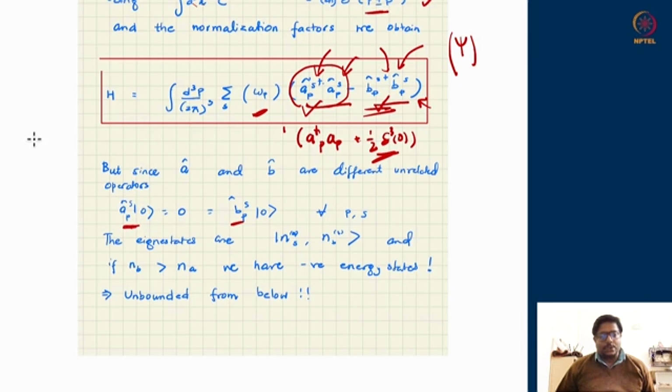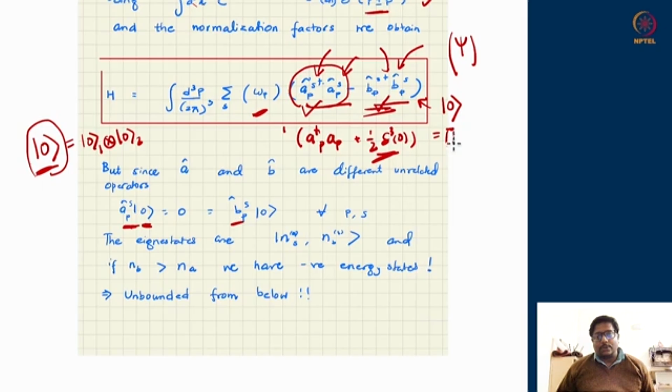So this is like two oscillators. Joint ground state will be oscillator one's ground state tensor oscillator two's ground state. And therefore this combined ground state will be annihilated by either of the operators. The same thing is happening here. The true ground state is the ground state of all P's. So remember, in the scalar field part, the ground state was supposed to be the ground state of all momentum vacuum.